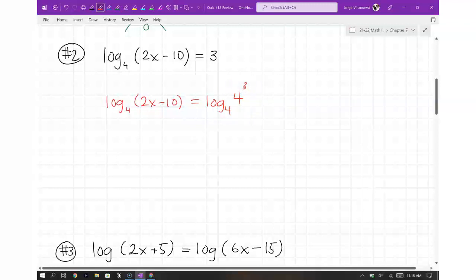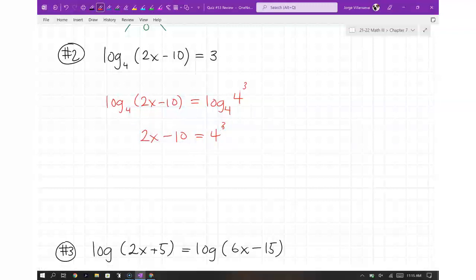Once you have your logs matching there, you're going to set the inside portions equal to each other. 2x minus 10 equals 4 to the third. Okay? So 4 to the third is 64. So let me write that down.